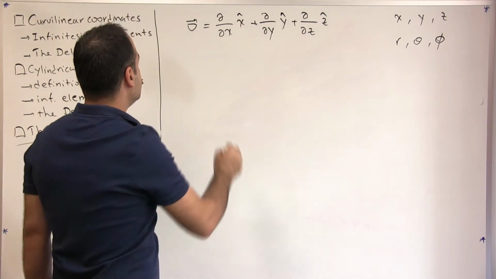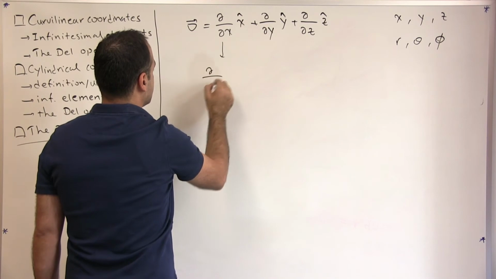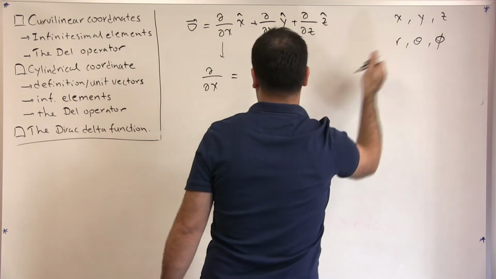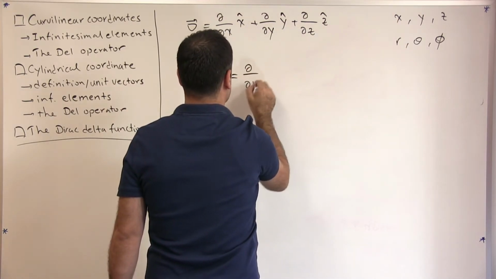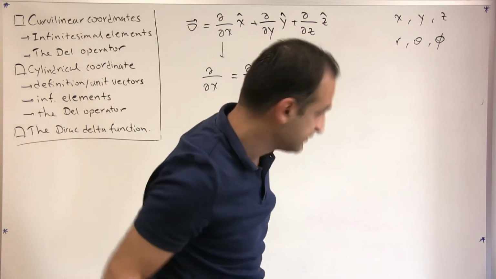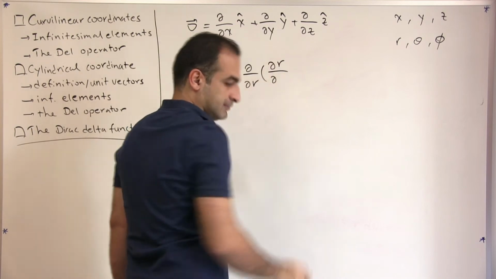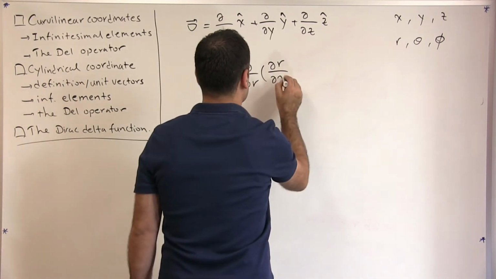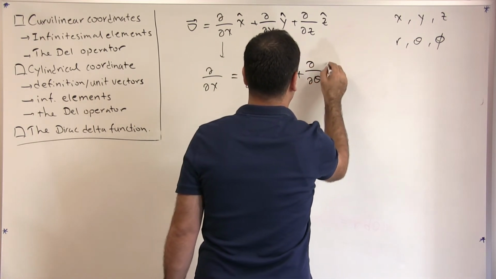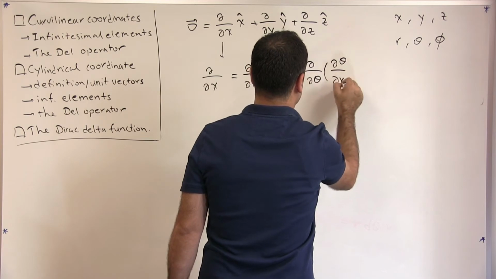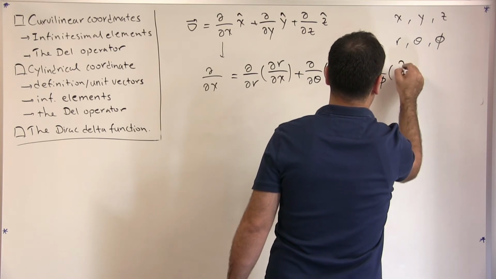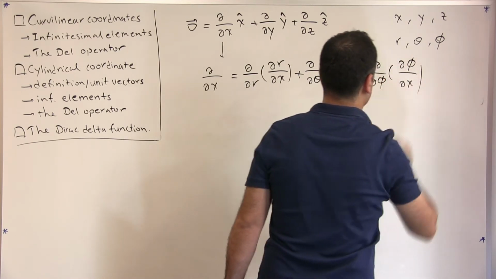So any d over dx can be written as d over dr times dr over dx plus d over d theta times d theta over dx plus d over d phi times d phi over dx.